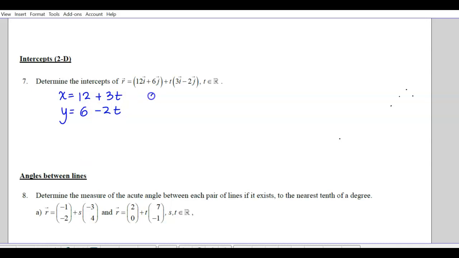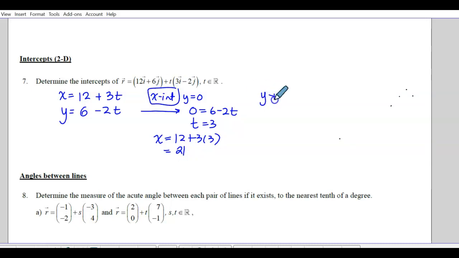Okay, so the x-intercept is when y is 0. So I put 0 in for y, and I get t equals 3. So then to get the x-intercept, I have to put 3 in for t, and I get 21. Okay, so that's the x-intercept.